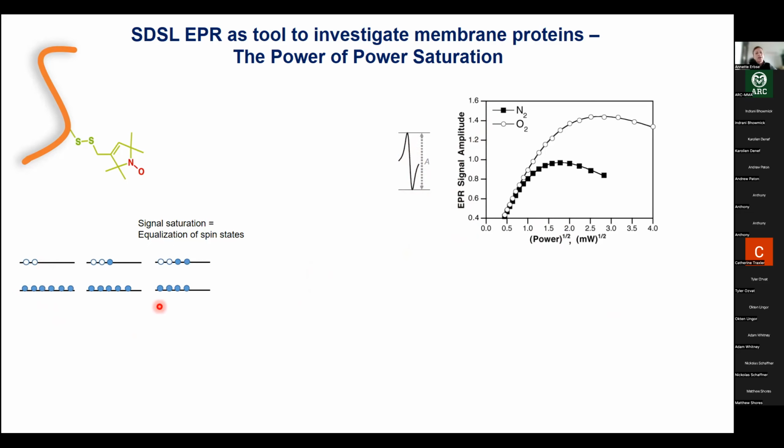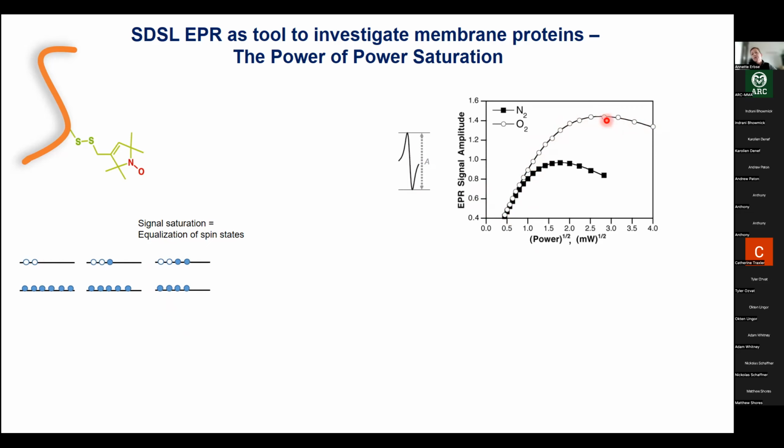But that only works until you start to reach saturation. If you start to reach saturation, instead of a linear increase, you actually start losing amplitude in the end.